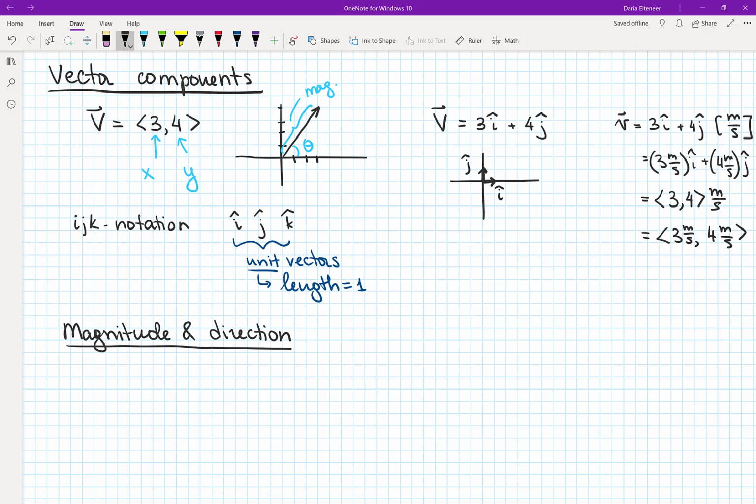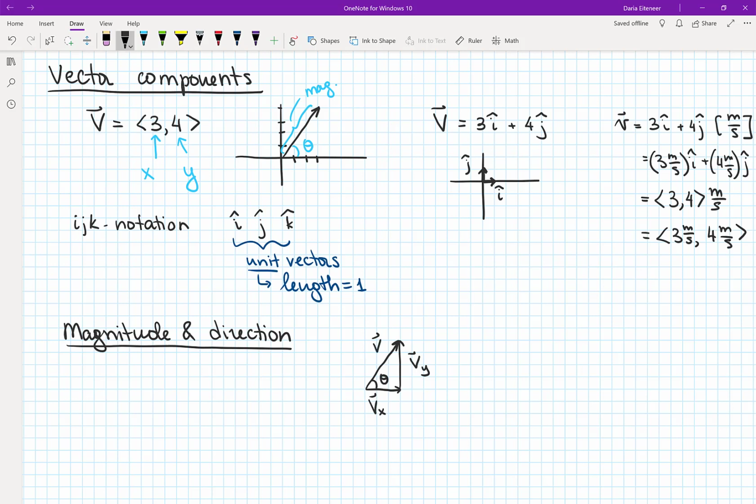So I can do 3 units in the x direction and 4 units in the y direction, right? And this is my vector v. The horizontal piece I can call vx, and the vertical piece I can call vy. Now for components, it's actually not super essential that you put vector arrows on it, but I usually do. Like this. Okay.